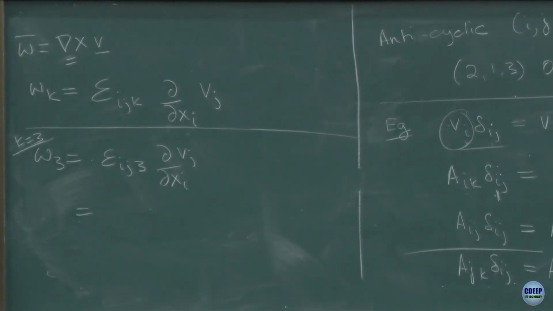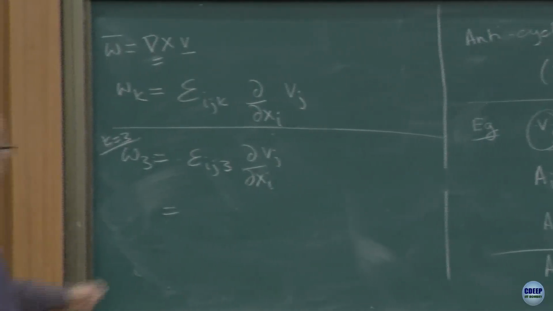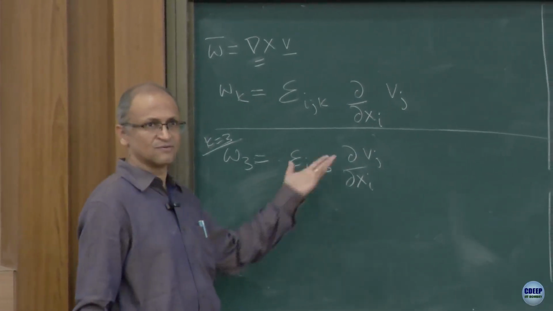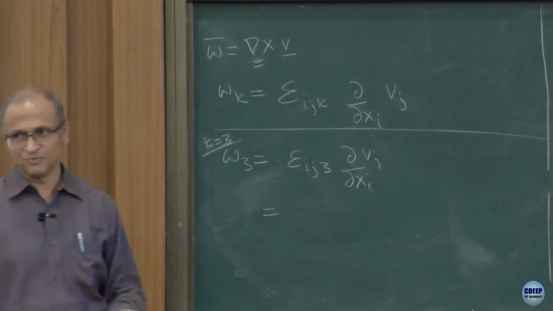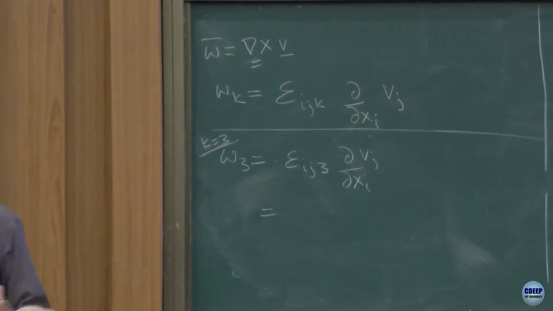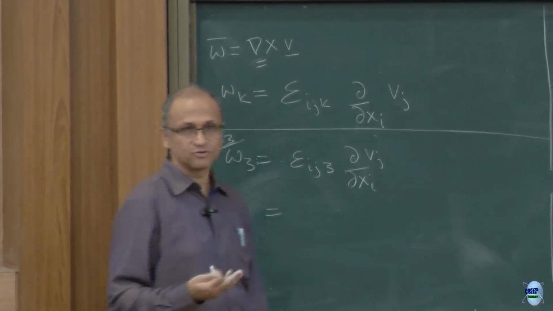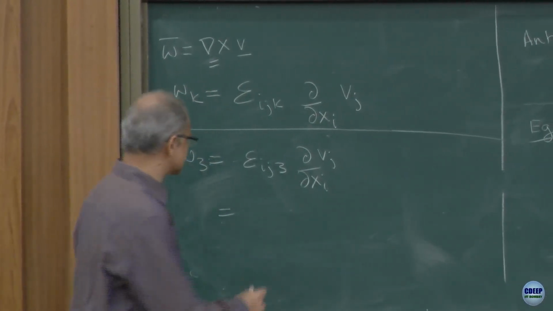Now I just expand out over the repeated indices i and j. First I will expand it out over i and then I will expand it out over j. Of course, you can interchange the order and nothing should change, and maybe it's a good exercise that you try it once for yourself to convince yourself that this is indeed the case.